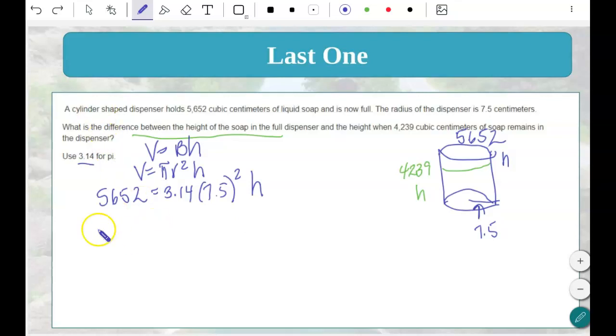So we still have 5,652, 3.14, and this is 56.25. And then h. So we're going to multiply 3.14 times 56.25, keep simplifying, and we get 176.625.